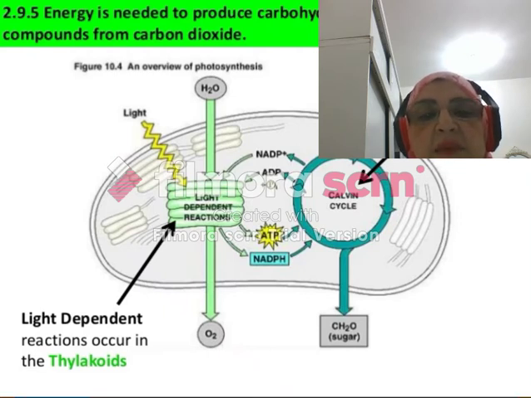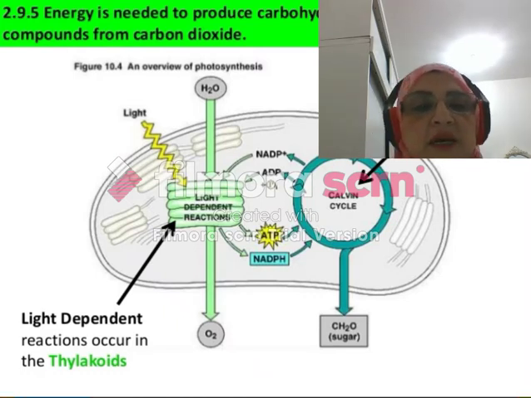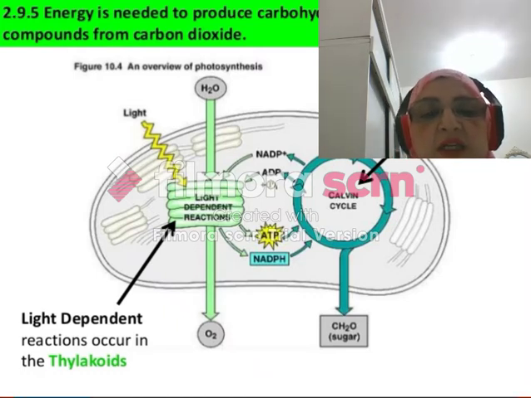Light-independent reactions happen in the stroma of the chloroplast where rubisco and the other important enzymes exist. The first stage in the Calvin cycle is fixation of carbon dioxide using hydrogen carried on NADPH and using energy that was stored in ATP molecules. As a result, a sugar molecule is produced.